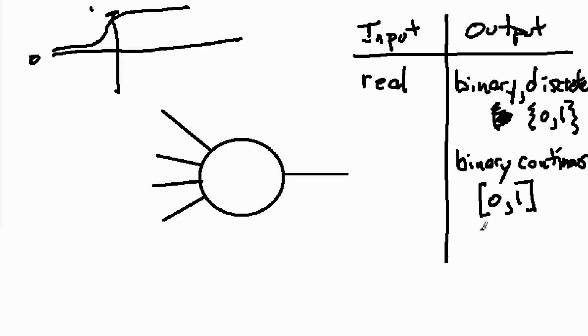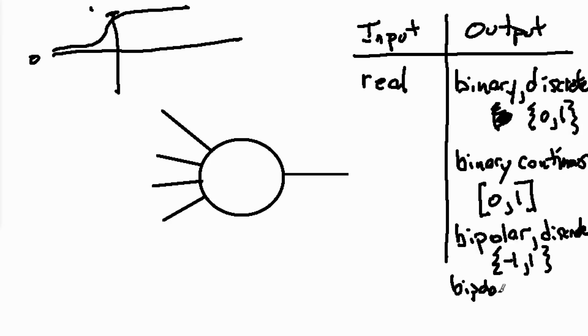There are other things over here. There's also what's called bipolar. And again, that can be discrete. If it's bipolar discrete, the output would be -1 and 1. And again, you could also have bipolar continuous.